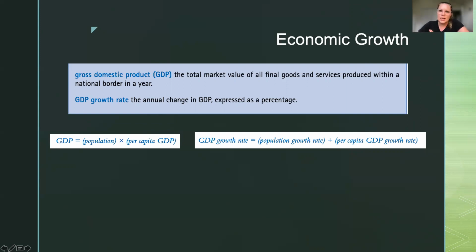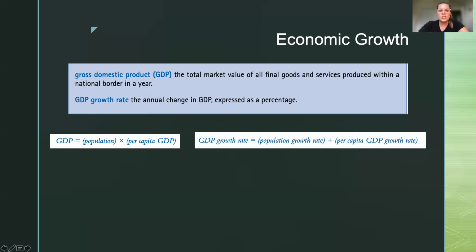So let's go back to Econ 101, our principles of macro class, and remind ourselves how we measure economic growth. Traditionally, from a macro sense, we use gross domestic product, which is the total market value of all final goods and services produced within our borders in a given year. The GDP growth rate is the annual change in GDP expressed as a percentage.